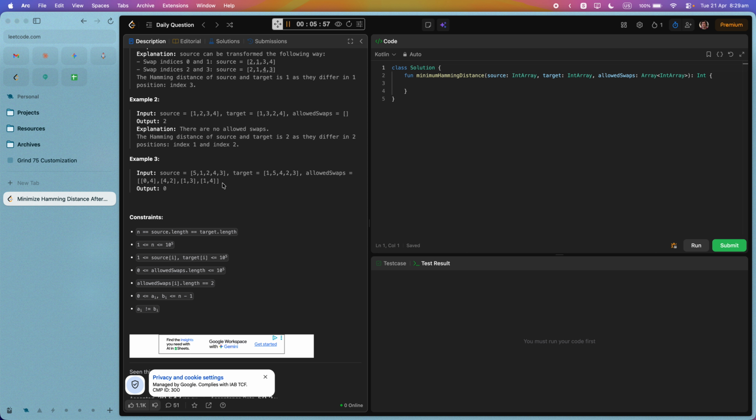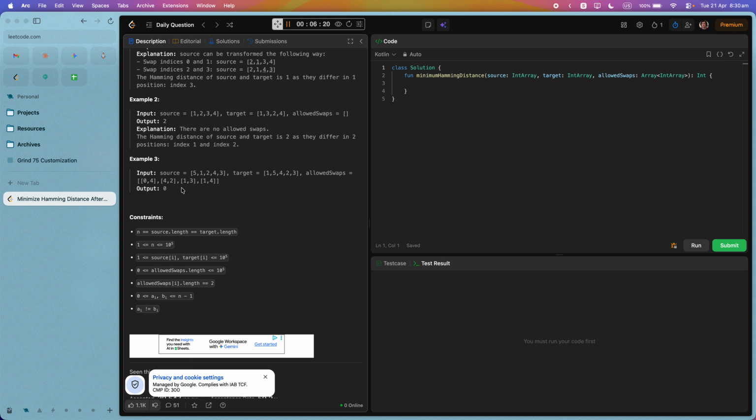But let's see. I want to move 5 to the second position, and I can swap with the second, like one position, right?